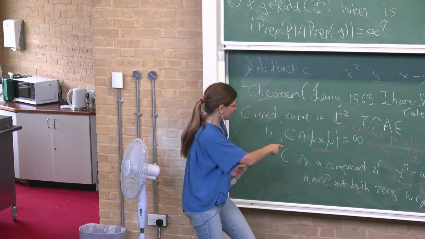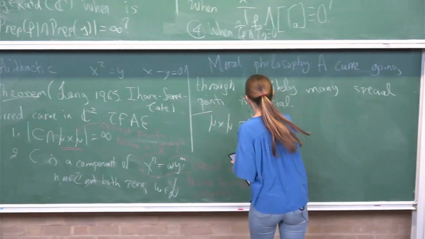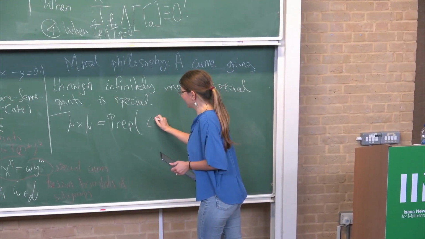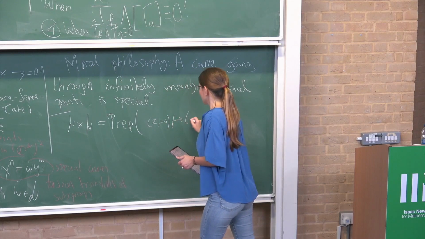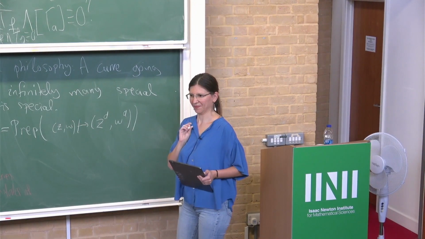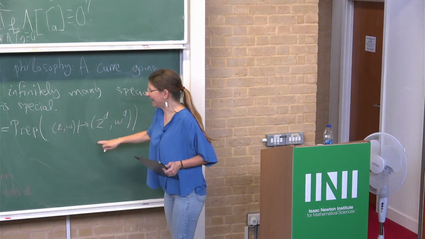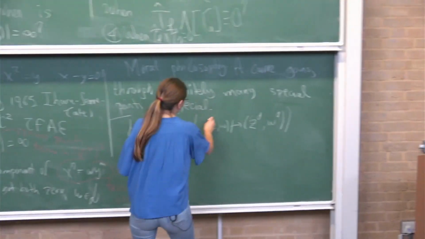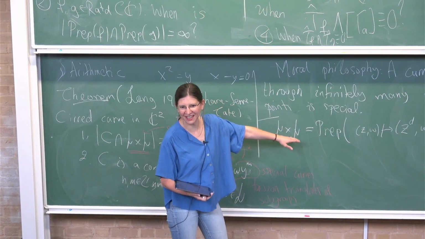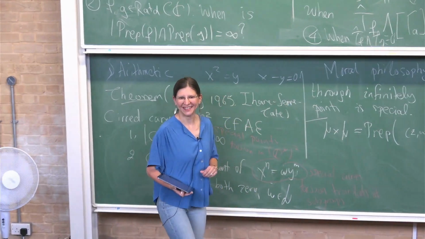So this set is exactly the set of pre-periodic points for the map on C cross C, sending (Z, W) to (Z to the D, W to the D). It depends where you define the map. If you do it on the Riemann sphere, this equality is not exactly correct because you get infinity and also 0, but pretty much the same.